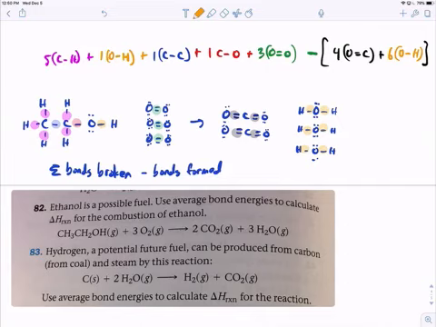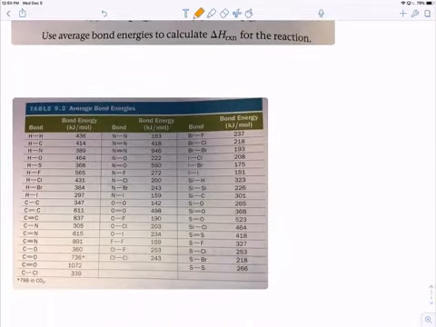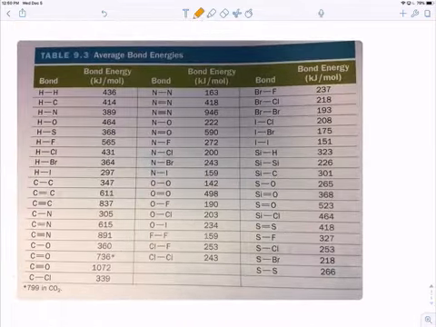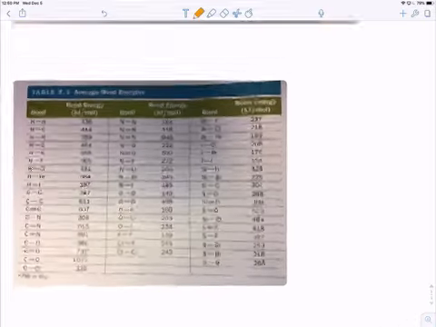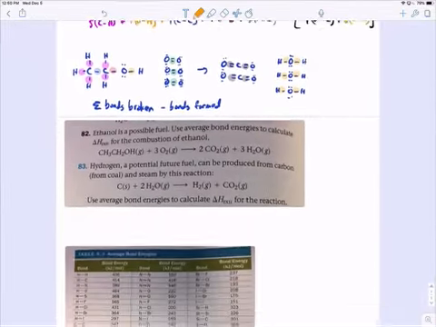And we form 4 carbon-oxygen double bonds and then 6 oxygen-hydrogen single bonds. Then you just take the average bond energy chart and put in those numbers, sum it out, and apply the equation.